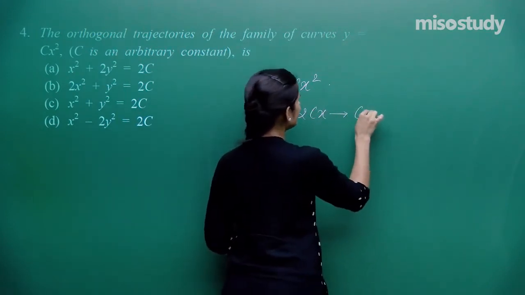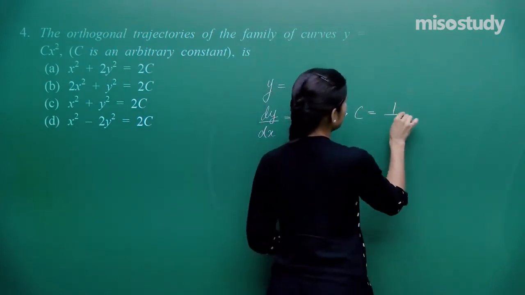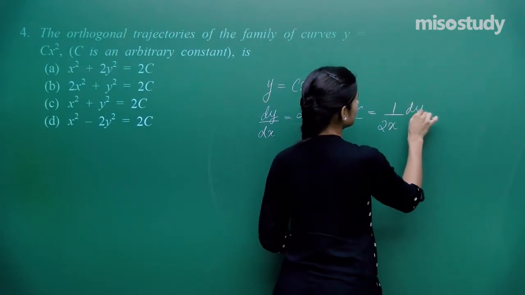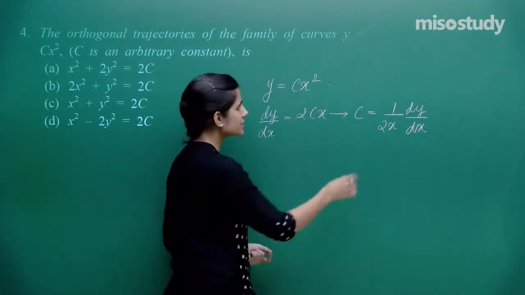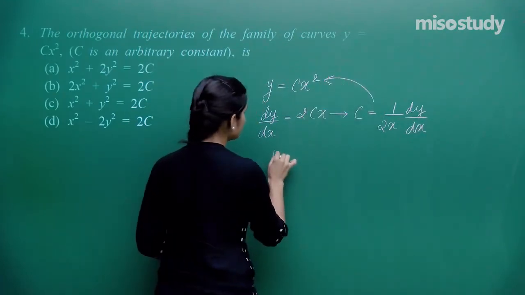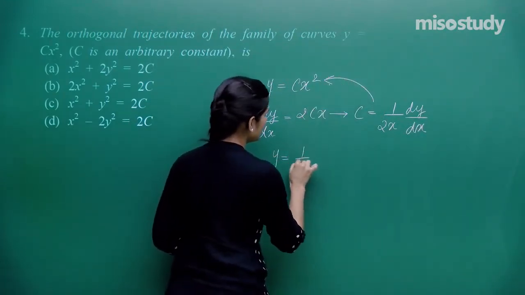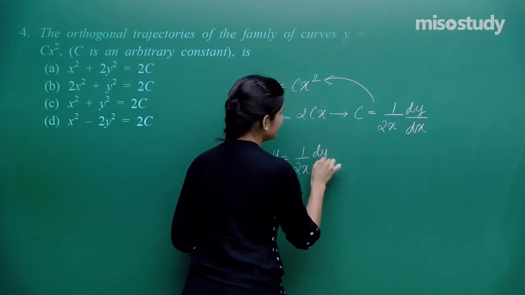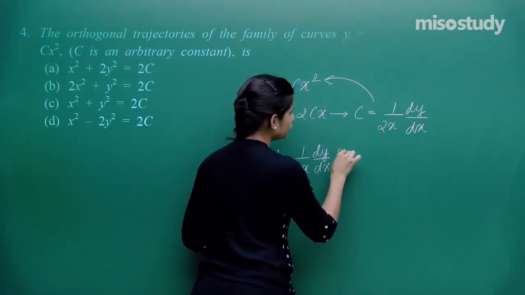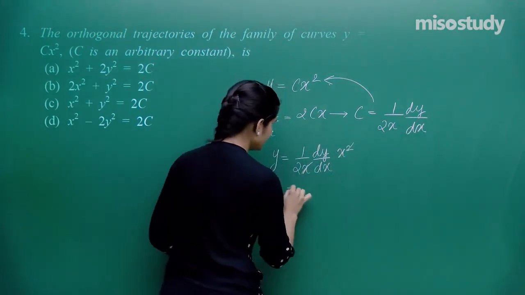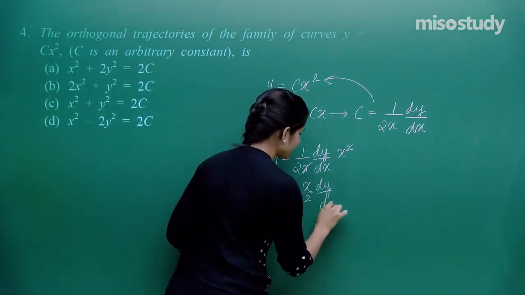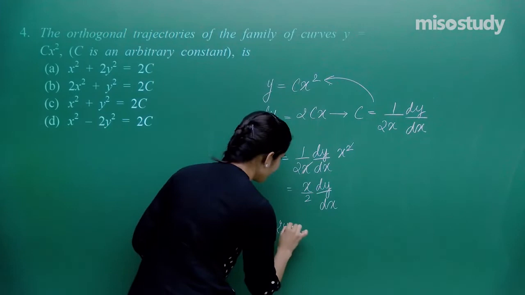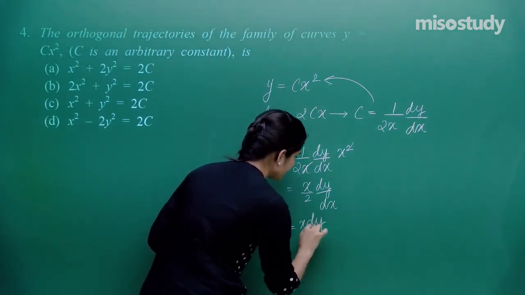From here get the value of c, it is 1 by 2x dy by dx. Plug this value over here, you get y equals 1 by 2x dy by dx into x square. This gives you x by 2 dy by dx, that is 2y equals x dy by dx.